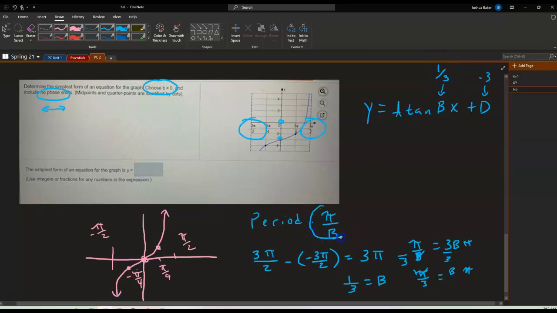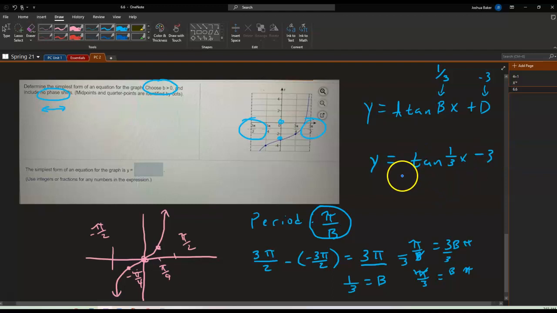So you just use this and relate it to what you find your period to be, and you can use that to figure out your b value, how it changes your period. So far, here's what we know.